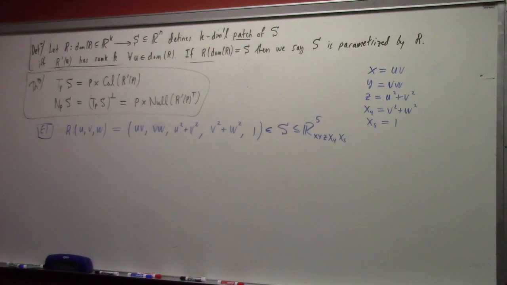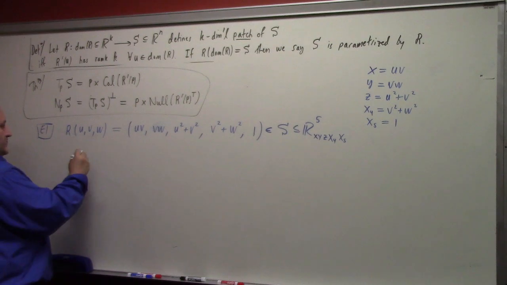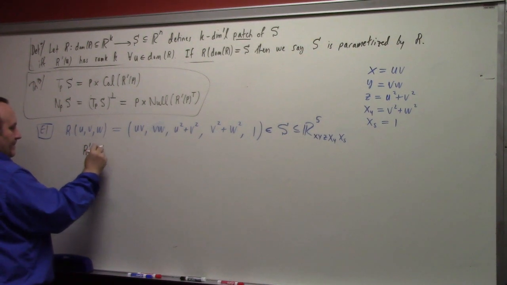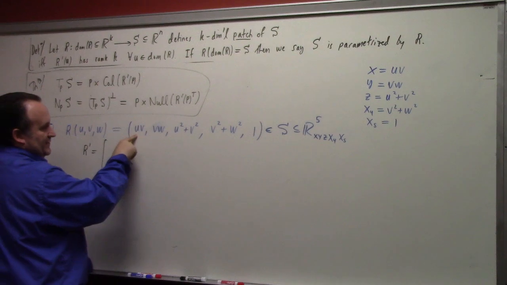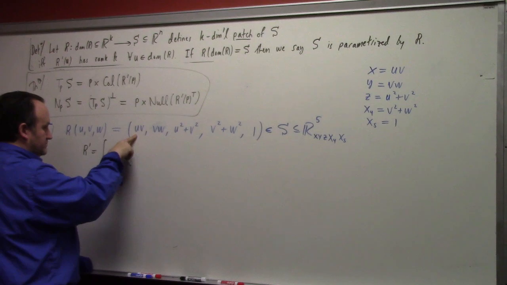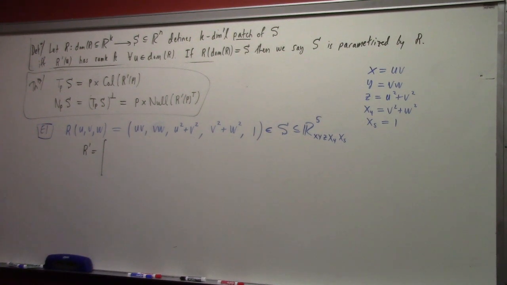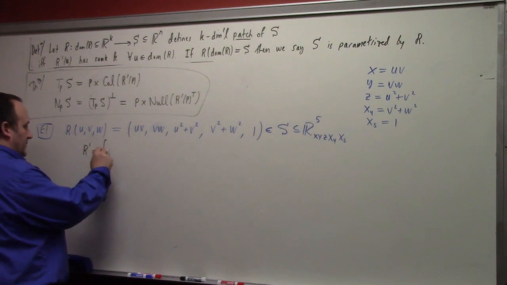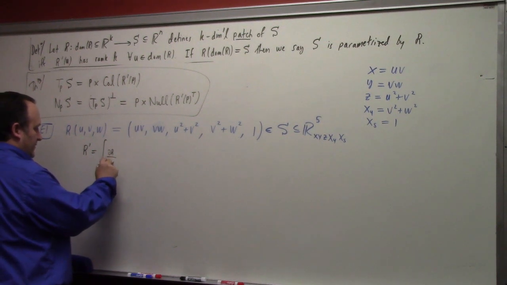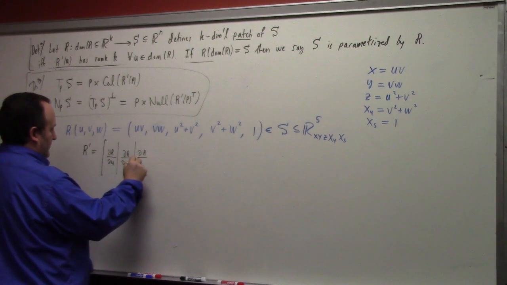All right, so what's the Jacobian here? What's R prime? Okay, so R prime would be partial R partial U, partial R partial V, partial R partial W, right?